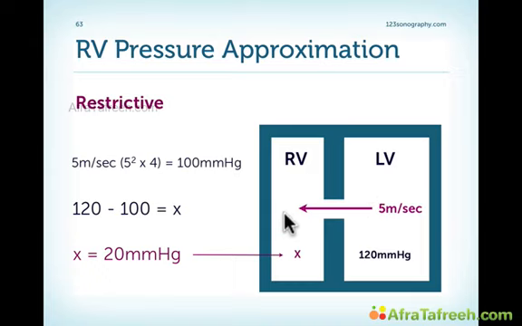Now measuring the systemic pressure non-invasively, and let's say we find 120 millimeters mercury, we could assume that this is also the pressure in the left ventricle as soon as we have excluded aortic stenosis. Now subtracting our difference between left and right ventricle from the systemic pressure should actually give us the right ventricular pressure, which in this case would be 20 millimeters mercury.